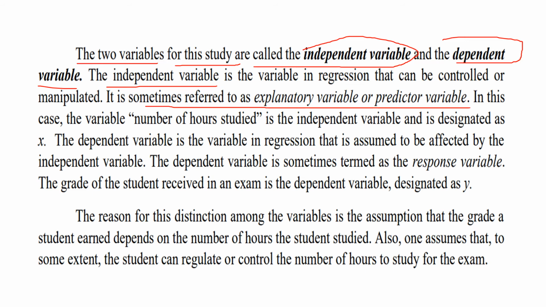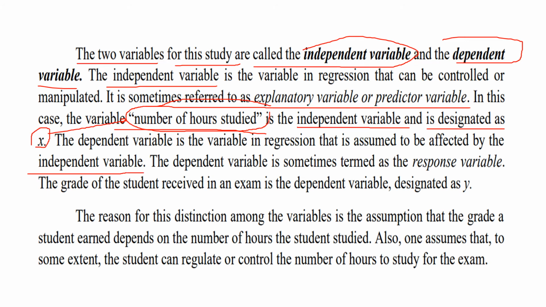In this case, the variable number of hours studied is the independent variable. We can manipulate and control the number of hours studied, and it is designated as x. So we use the x variable to represent the number of hours. The dependent variable is the variable in regression that is assumed to be affected by the independent variable.